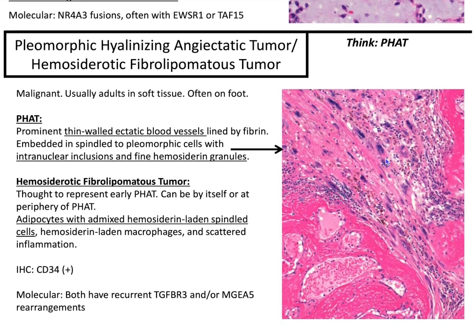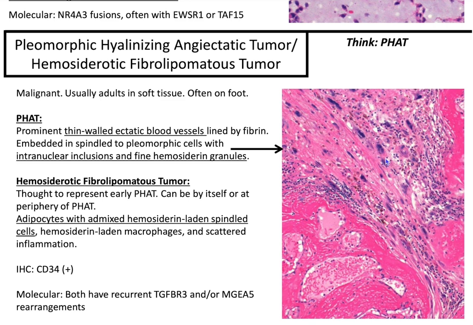FAT. Not that kind of fat, but PHAT. Pleomorphic hyalinizing angiectatic tumor, on a spectrum with hemosiderotic fibrolipomatous tumor. These are malignant, usually adults in soft tissue, oftentimes on the foot. So let's talk about PHAT first. Pleomorphic hyalinizing angiectatic tumors have histologically, on low power, prominent thin-walled ectatic blood vessels lined by fibrin.